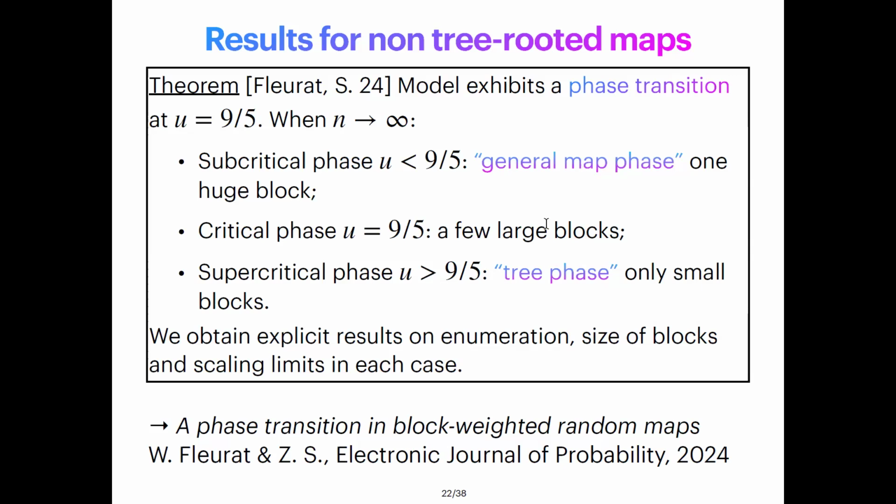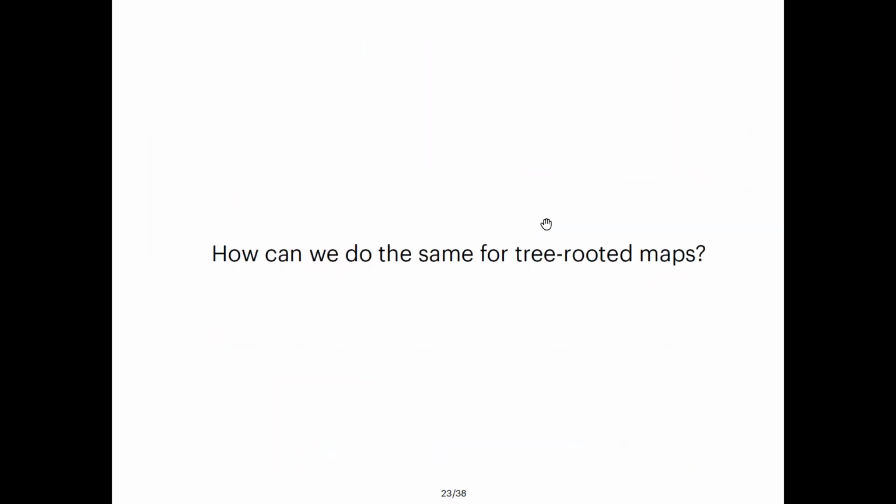And in every case, we have explicit results on enumeration, size of blocks, and scaling limits. And the goal of my talk today is to explain how we can do the same for tree-rooted maps.